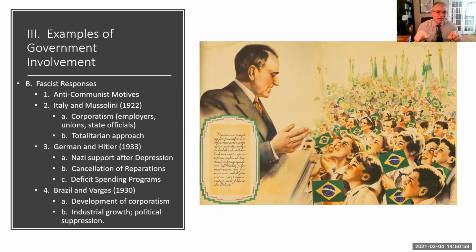So what we're seeing with Hitler, Mussolini, and Vargas is an authoritarian free market society. And I know that sounds like a contradiction because it is. But when we look at China and Russia today, we see something very similar. So it's something to keep your eye on as we go through the rest of the 20th and into the 21st century. But that takes us to the end of this part of the lecture.